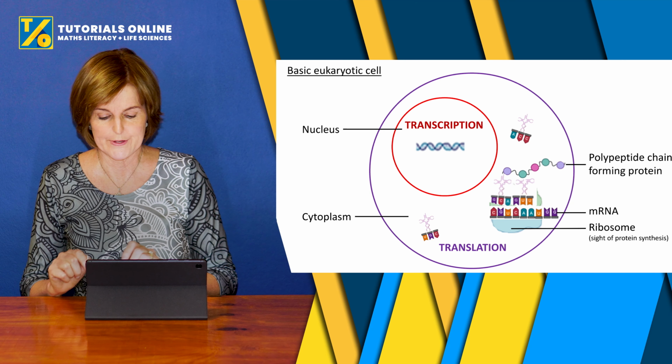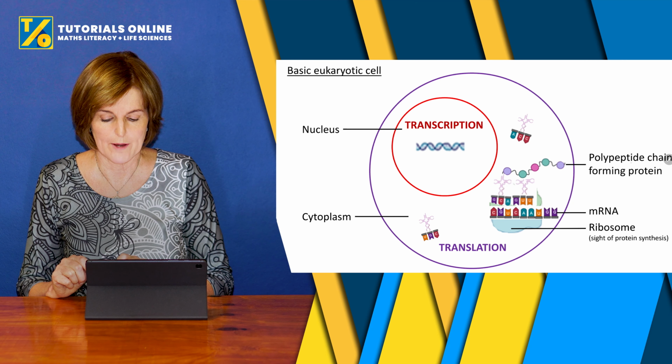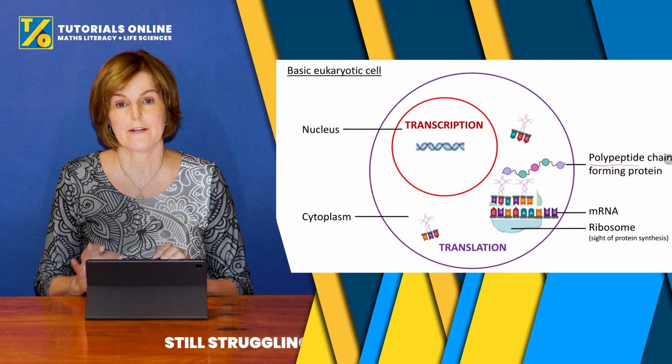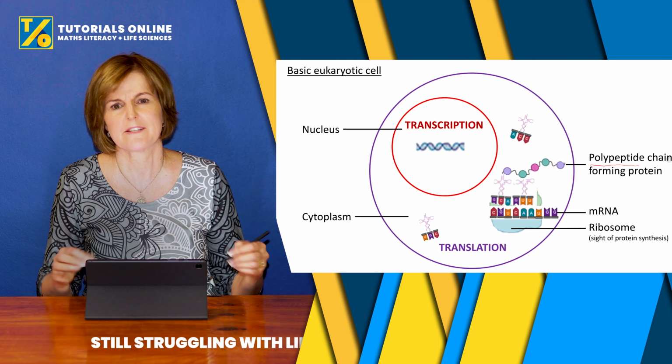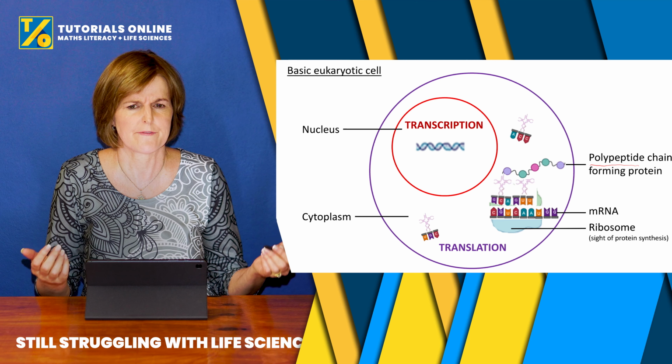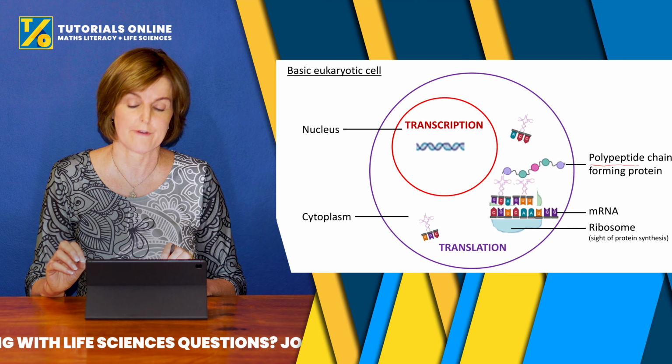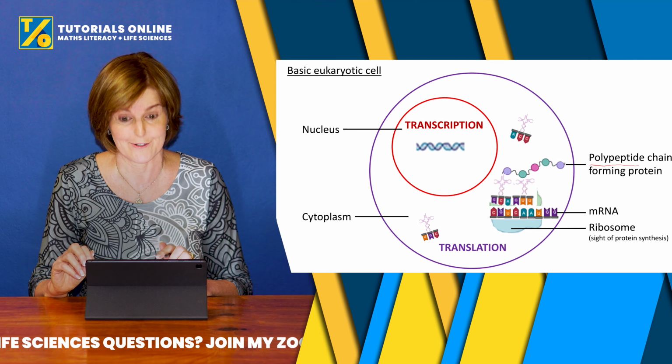I just want to show you here that you've got what we call a polypeptide chain forming, and that polypeptide chain is another name for a protein, another way of expressing what a protein is, because it's a long string of amino acids joined by peptide bonds.